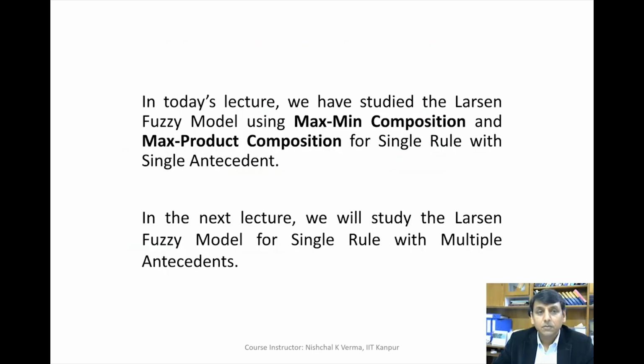So in today's lecture we have discussed the Larsen fuzzy model using max min composition and max product composition for a single rule with a single antecedent. With this I would like to stop here, and in the next lecture we will discuss the Larsen fuzzy model for a single rule with multiple antecedents. Thank you very much.